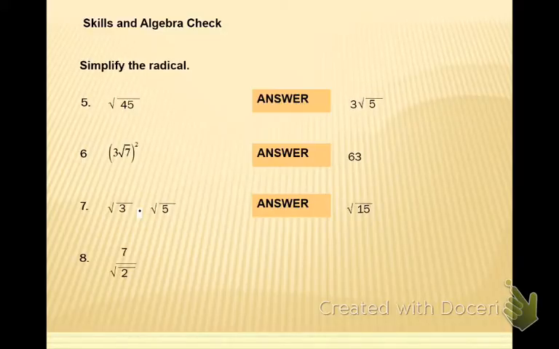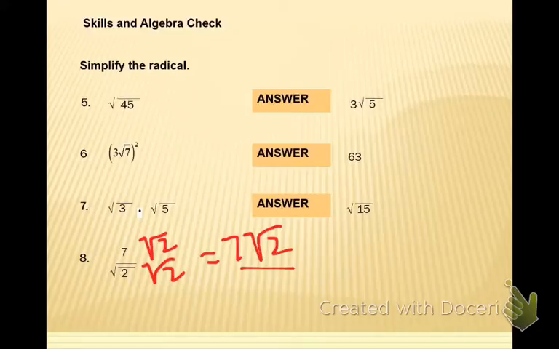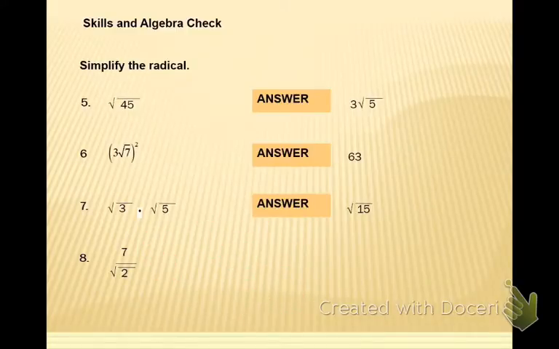So we take radical 2 on the bottom times radical 2 on the top, and we get 7 radical 2 over 2. Right? And that's our answer. Questions there? Okay?